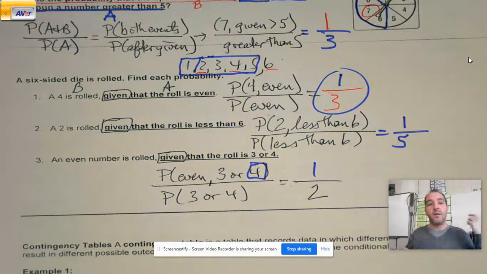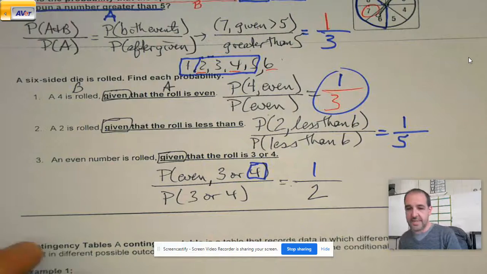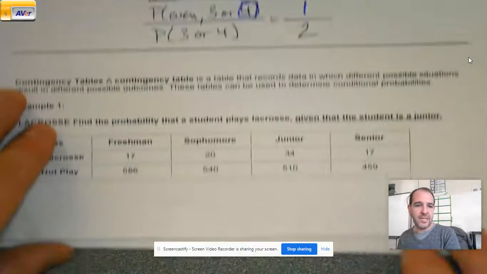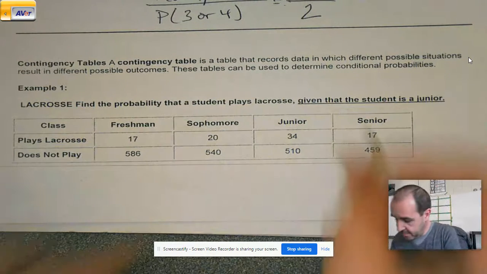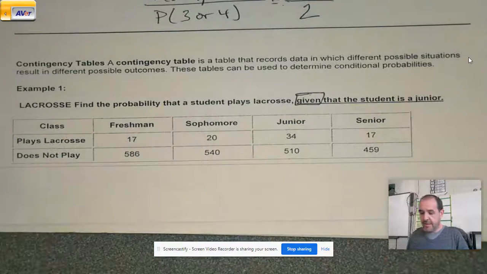Okay. Another way we can do this, if it's not just given to us verbally, is through what's called a contingency table. So we've got all these numbers. And so now I can go back and I can look at the conditionals. So let's see. Find the probability the student plays lacrosse. Oh, there's given. Given the student is a junior. Okay, let's write this out.